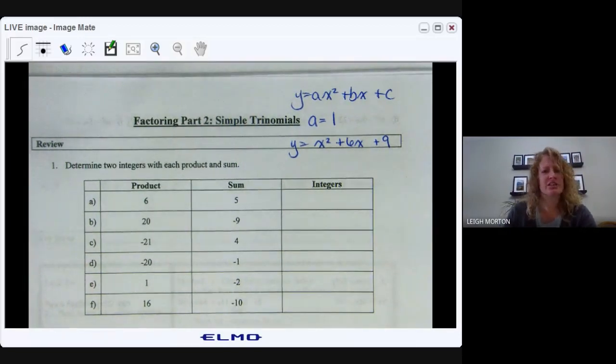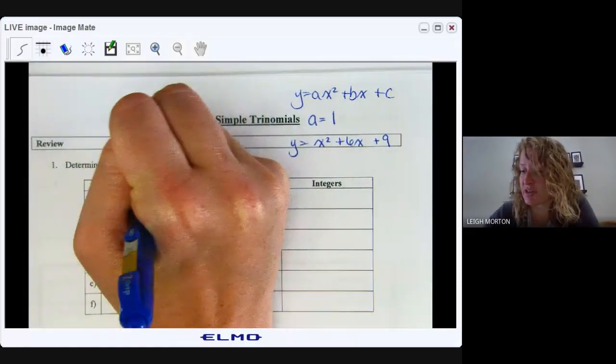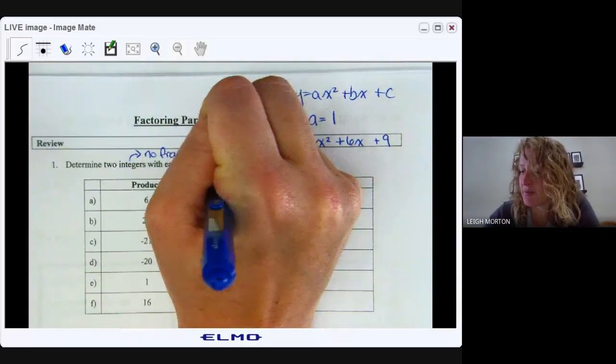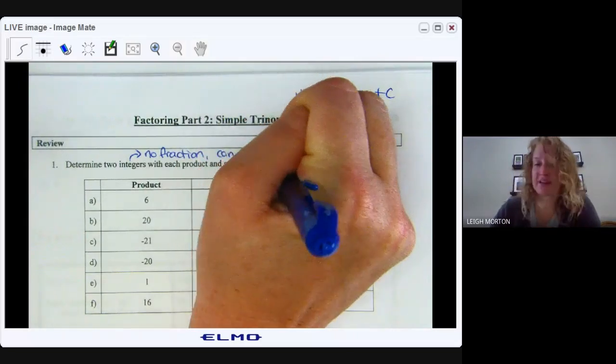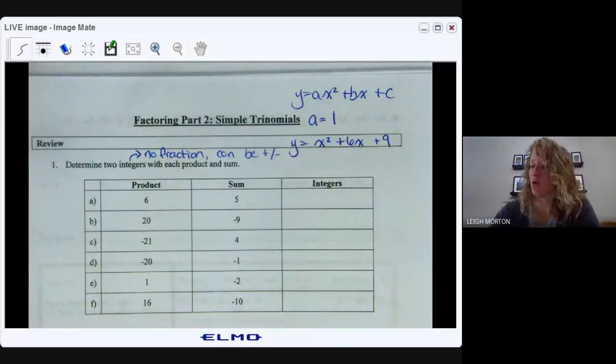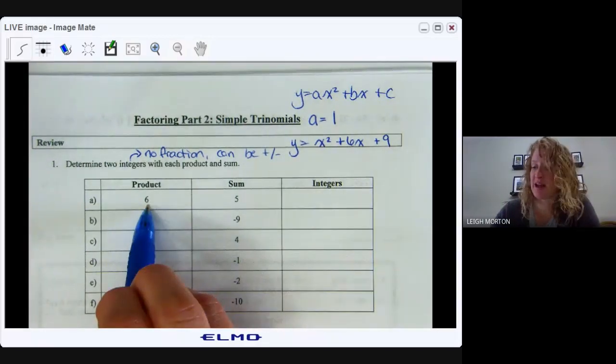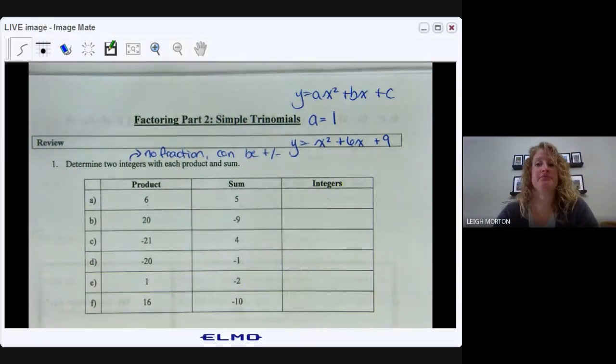So to start, we're just going to do a little bit of math together. I want you to tell me two integers. Remember, an integer is no fraction. It can be positive or negative. What are two numbers that multiply to 6 and add up to 5?